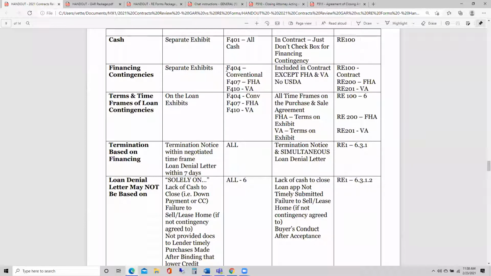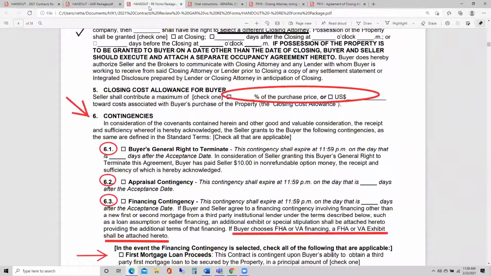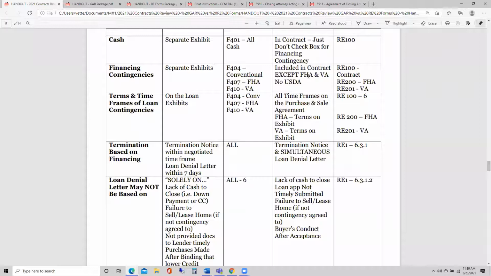And GAR has F404 for the conventional financing, 407 is the FHA financing exhibit, and 410 is the VA contingency exhibit. Again, in the RE Forms, if it's conventional, you just check that box here in the purchase and sale agreement. If it is FHA or VA, you will need the FHA or the VA contingency exhibit.